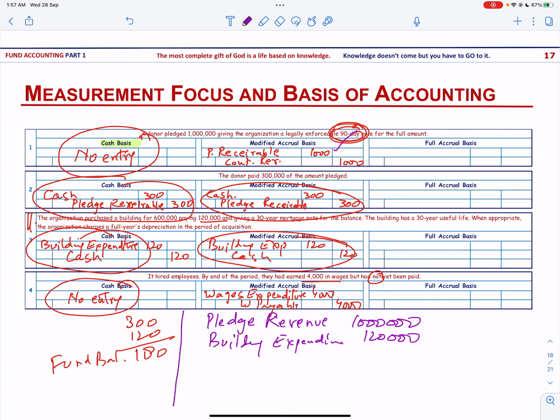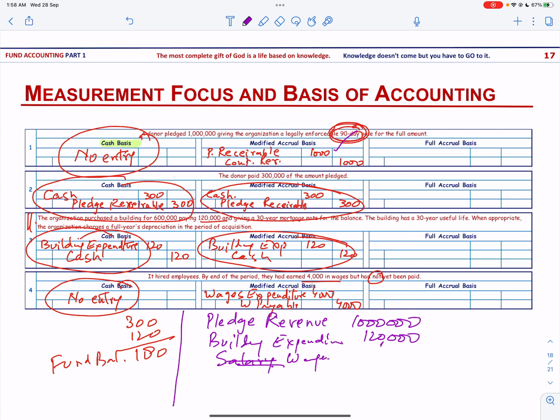Then there was salary, or rather wages, for 4,000 that has to be paid. So expenditure, wages expenditure. These two expenditures will be subtracted and the fund balance will be 876,000.